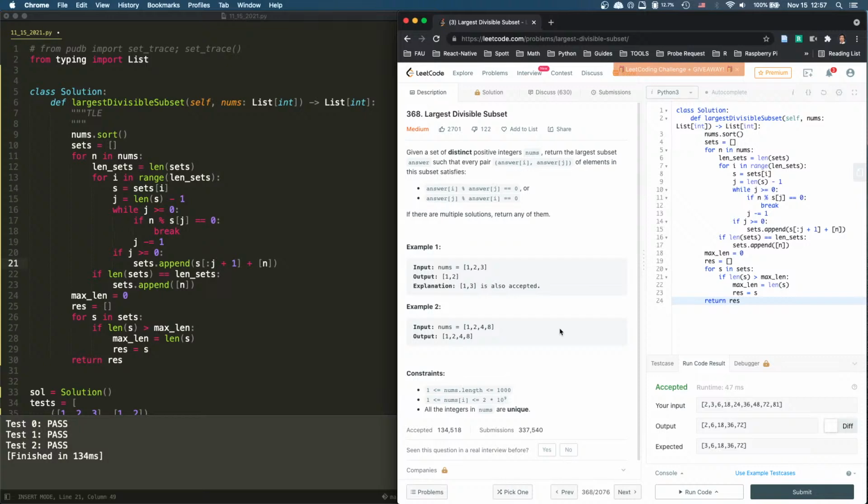So if everybody needs to divide, right? Well, if anybody needs to divide, then they must share at least one. They must share a factor. Right? They must share a factor.